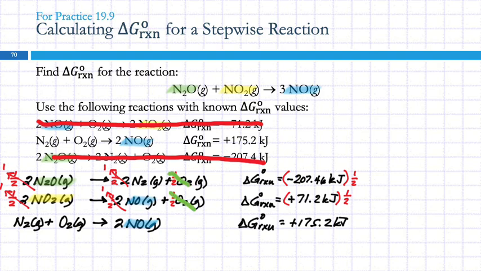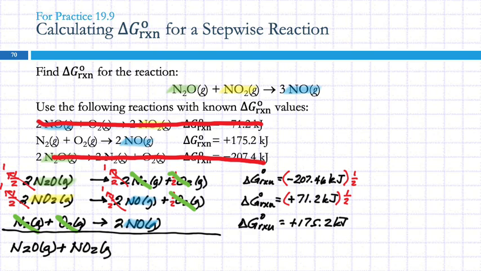So those guys are going to cancel, and this guy's going to cancel out. I didn't multiply the coefficients by anything, so I don't need to multiply delta G. Now I'm just going to pull things down: N2O gas plus NO2 gas makes 3NO gas.